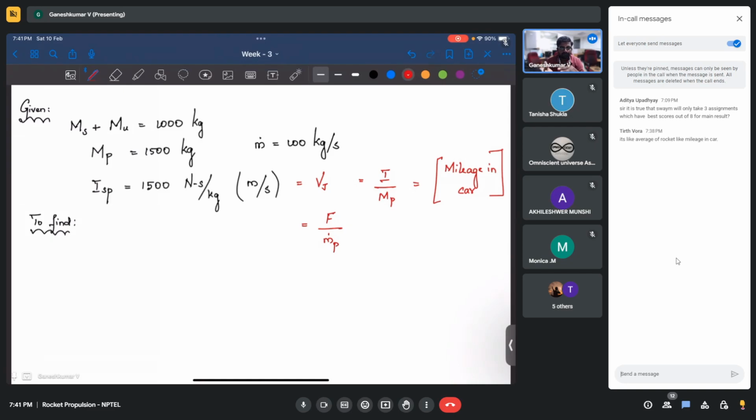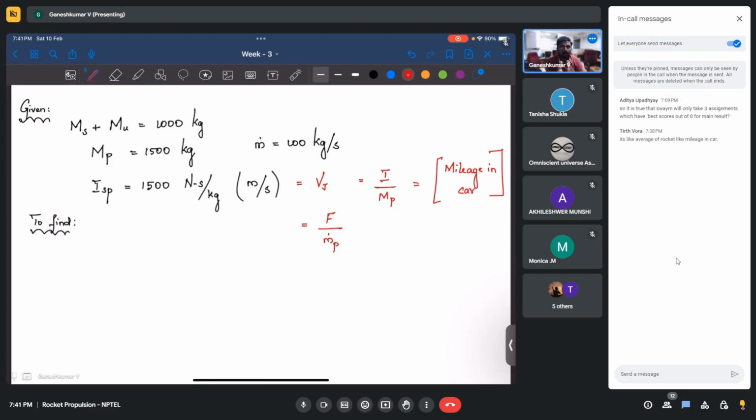ISP is defined for a solid propellant motor, a liquid propellant engine, or electric propulsion, whichever rocket you come up with. Everyone is going to ask what is your ISP, what is it going to give? Only if that is high, people are going to accept it. So it is a figure of merit for the performance of the rocket, and we always want to maximize it.